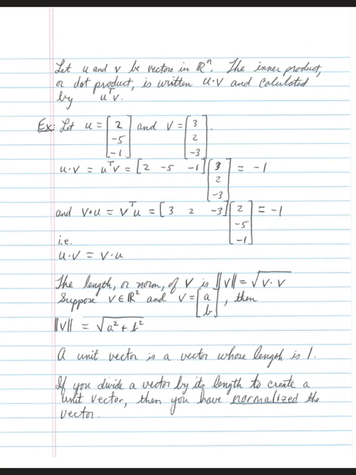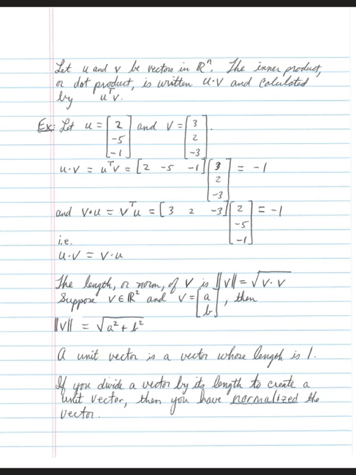Then this will look more familiar. It is basically the Pythagorean theorem. The length, also called magnitude, of vector V is the square root of a squared plus b squared. So it's pretty much like finding the hypotenuse of a right triangle when you know the two sides.